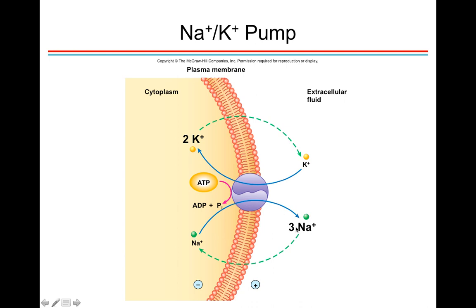And what this does is it helps to, one, maintain a difference in the resting membrane potential from the inside of the cell to the outside of the cell. Because we're pumping out 3 sodium and bringing 2 potassium in, this helps to maintain a resting membrane potential of negative 70 millivolts.